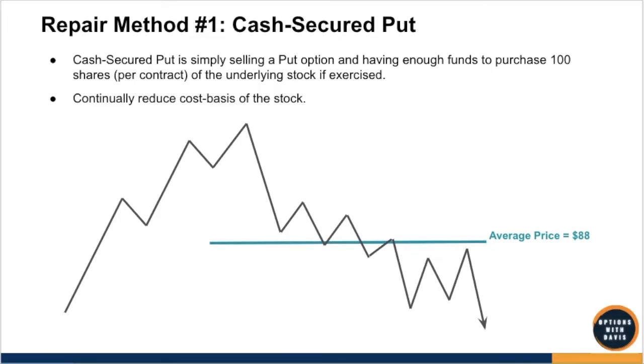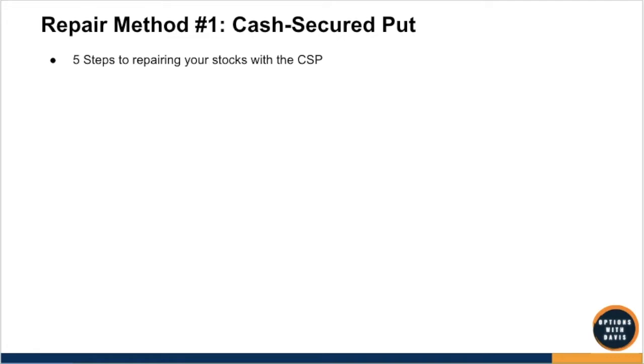So that's roughly $2,400. So as you can see, we have used the cash secured put to increase our profitability, as well as reduce the average price. So if the price was to just go back to the price that we entered at, we would even profit.